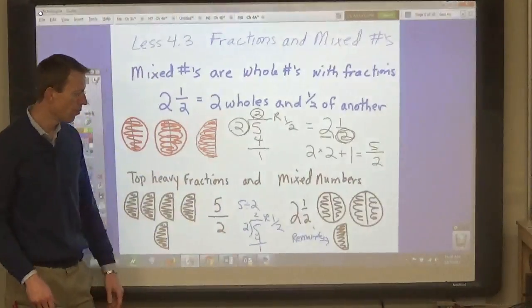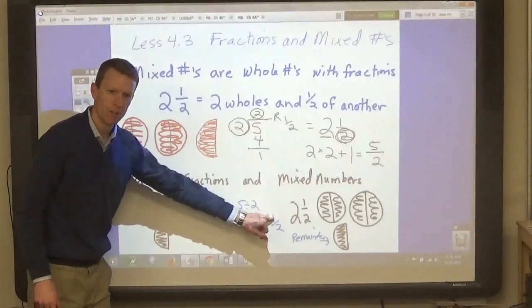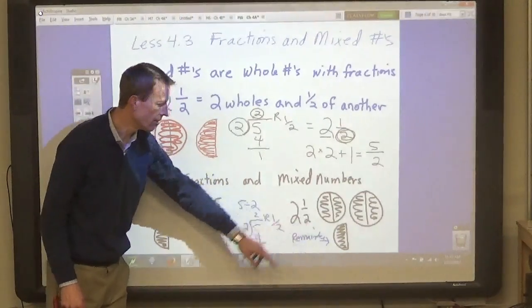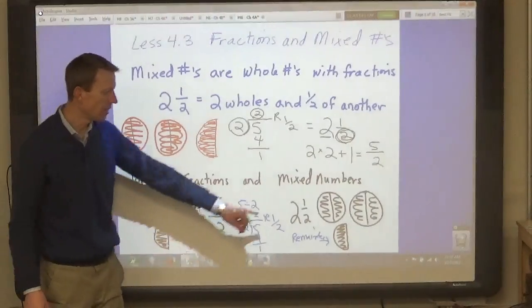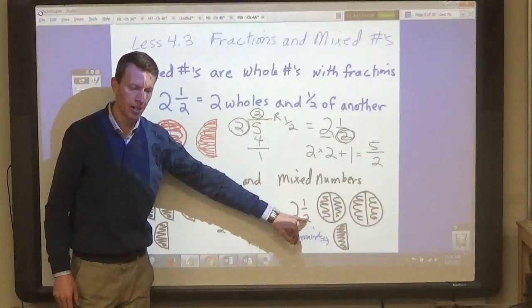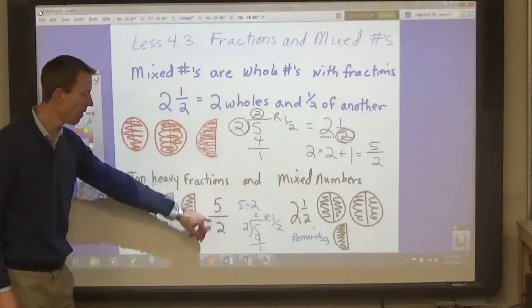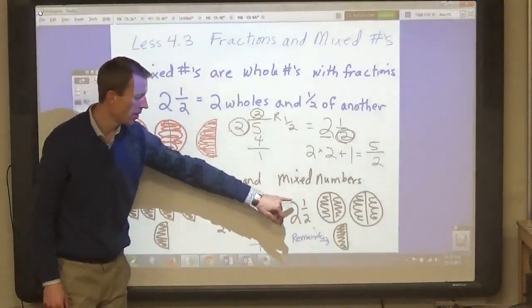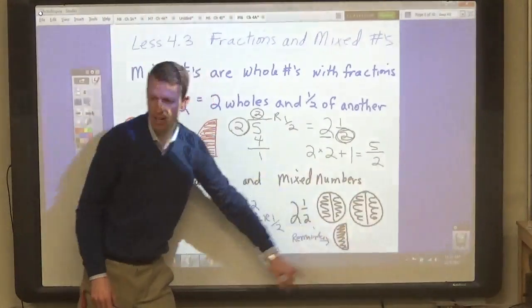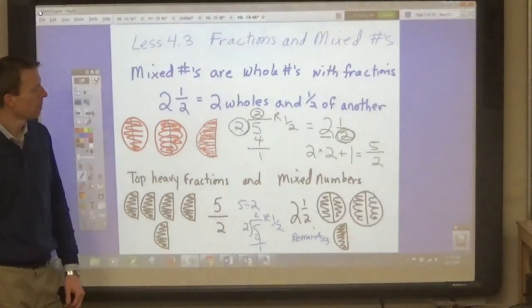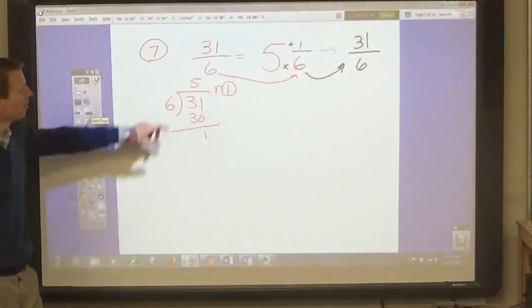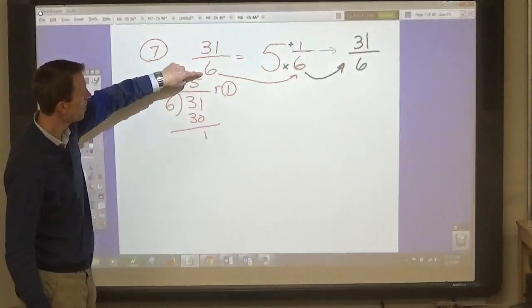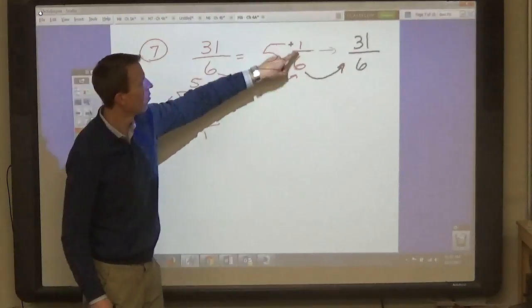And then find the remainder, because that's the remaining pieces that are left over. And you write that over the denominator. So 5 halves can make 2 1/2. Okay? Divide the top number by the bottom number. Take the remainder and write it over the divisor.